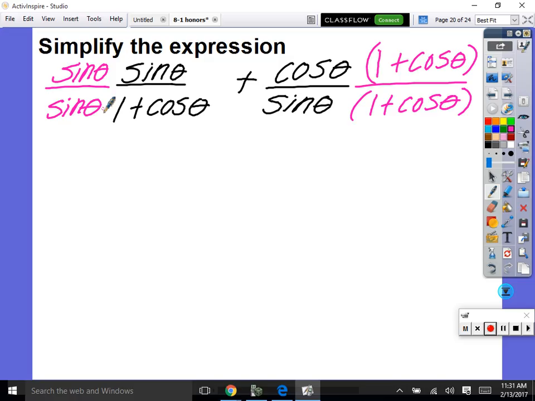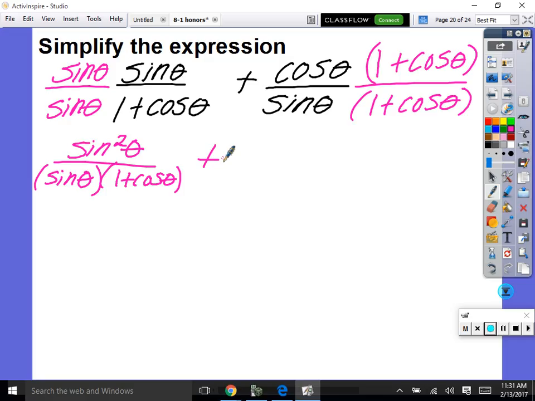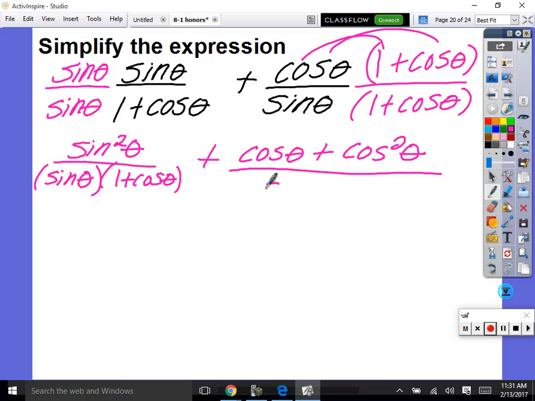So now I'm going to show my work. We have sine squared theta over sine theta times 1 plus cosine theta. I'm going to leave it split apart. Plus, I am going to distribute this through. So I have plus cosine theta plus cosine squared theta all over sine theta times 1 plus cosine theta.